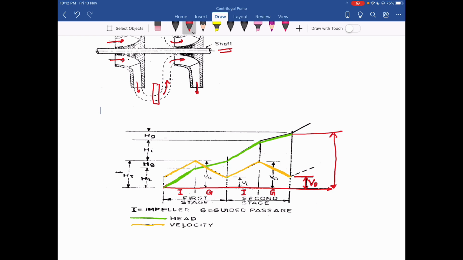Okay, so you can see also in the diagram, this is my HI, the head rise in the impeller. This is HG, the head rise in the guide vanes.